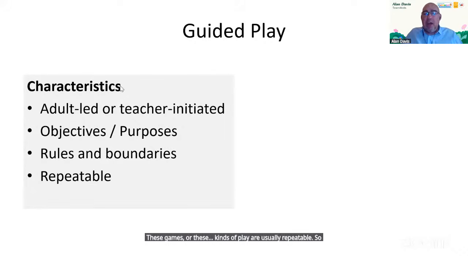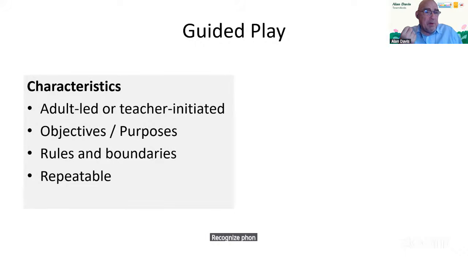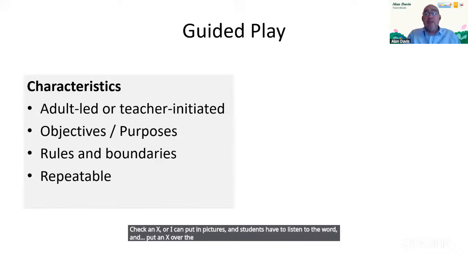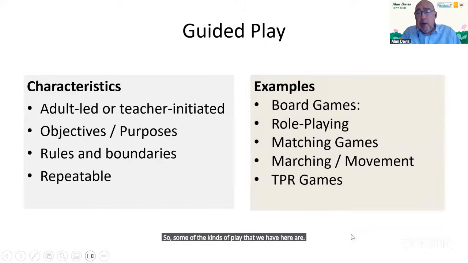So with the bingo, I can use the same grid to recognize phonetic symbols, or I can do it to listen and check an X, or I can put in pictures and students have to listen to the word and put an X over the correct picture. So it's a repeatable activity. Some of the kinds of play that we have here are board games.